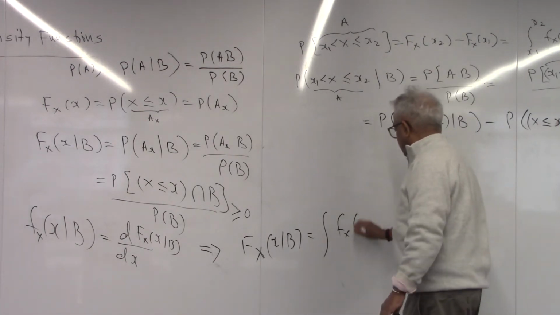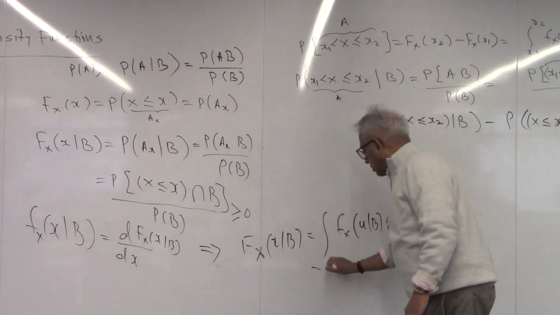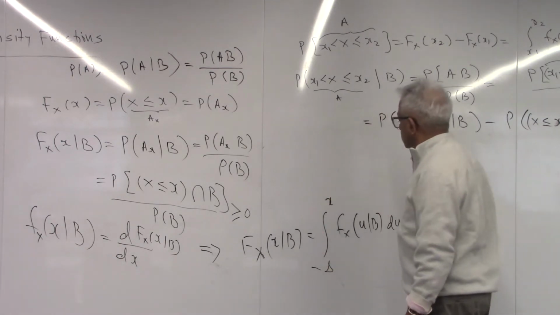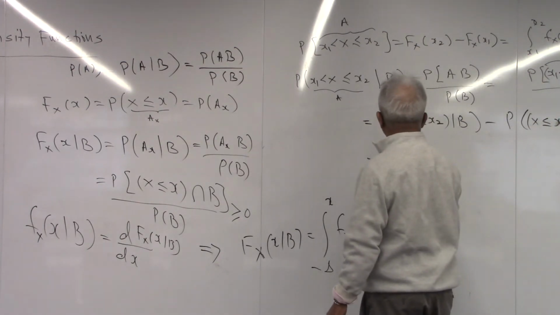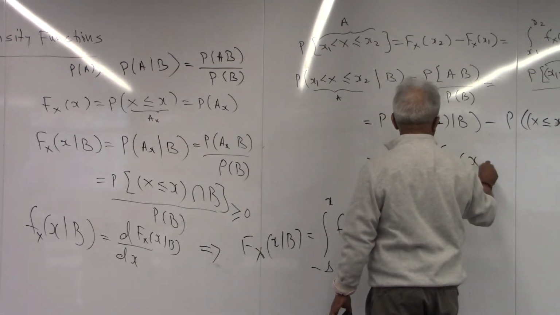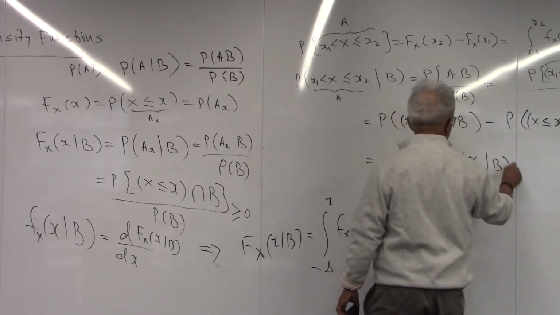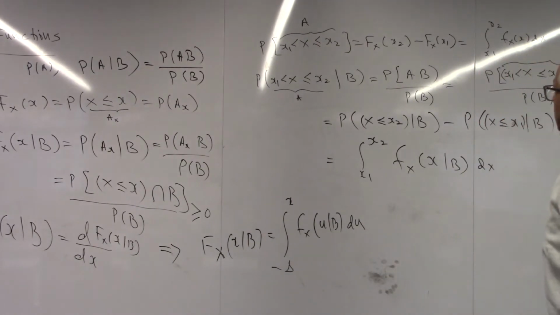So that's going to be fx of u given B du, from minus infinity to x. So we can also write this, if you want, as the integral from x1 to x2 of fx of x given B dx. Remember, the variable is x.